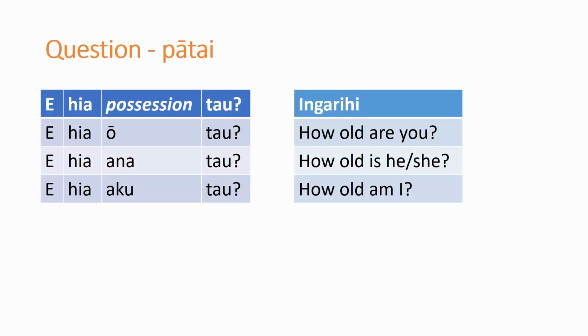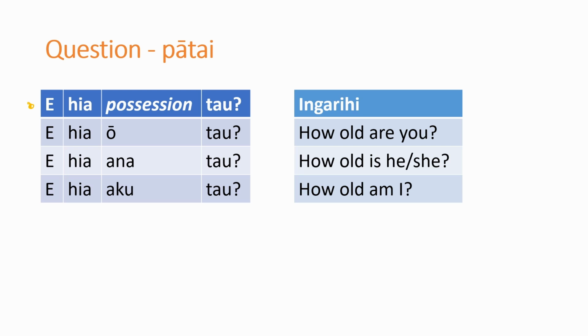Okay, so here's the question you need to be asking. E hia possessive, tau. So possessive is what we discussed in the previous slide. In particular, aku, ō, and ana. My, your, and his or her, plural.